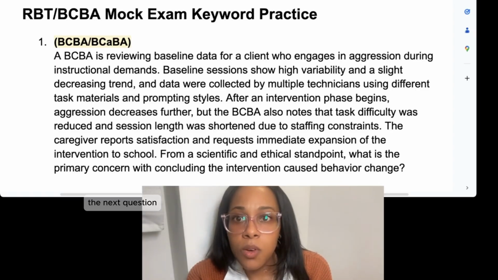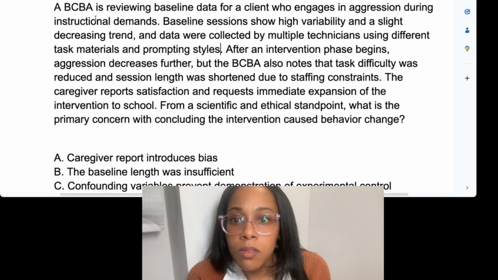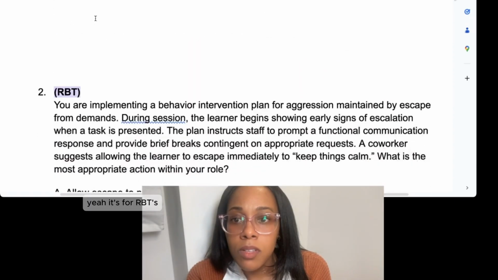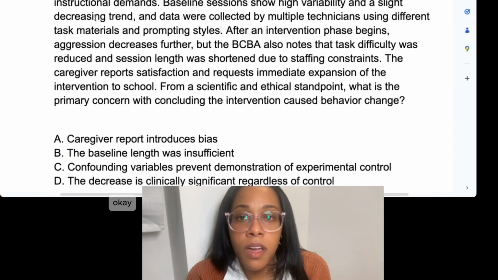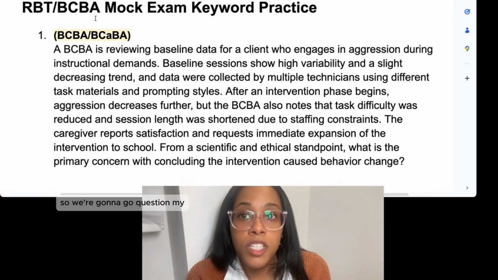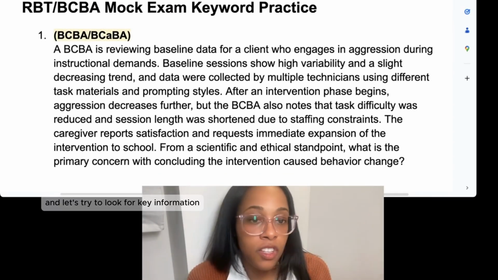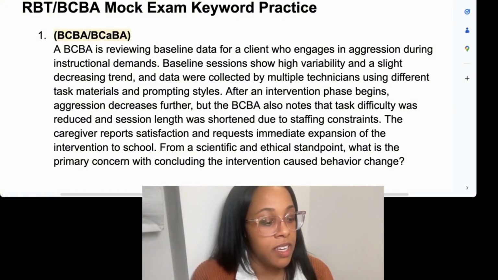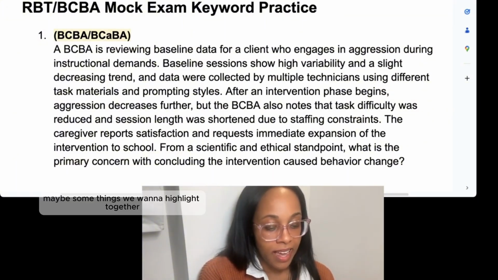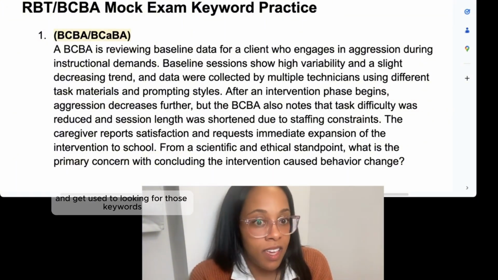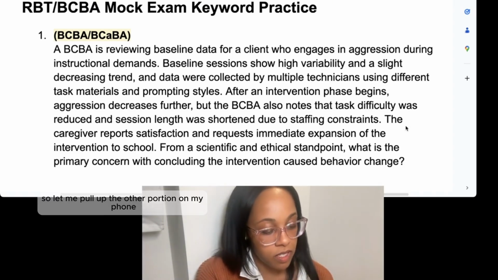The next question is for RBTs, okay? So we're going to go question by question, and let's try to look for key information, maybe some things we want to highlight together, and get used to looking for those keywords, key phrases. So let me pull up the other portion on my phone.